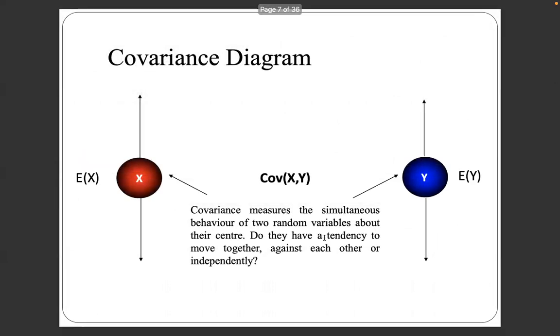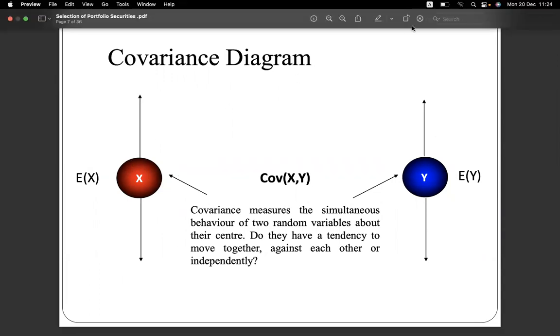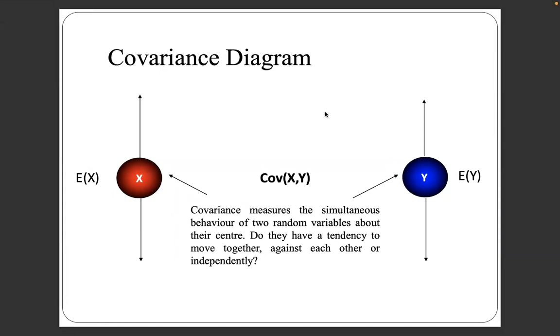Here it gives a graphical representation of how it is from the mean value, with expected return of X and expected return of Y. If they move in the same direction, increasing, then we call it positive. If one is increasing and the other one is decreasing, then it is called negative covariance.